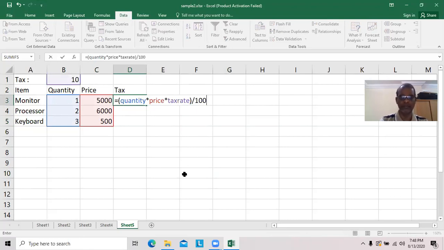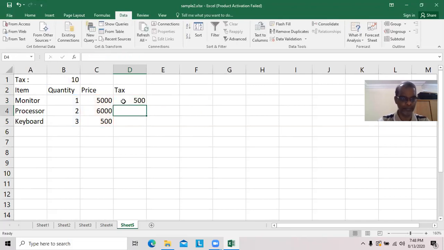That's all. Here we are not using any cell reference, either absolute or relative. We are giving only named cells. Tax rate is a named cell, and quantity and price are named cell ranges. Just drag it down.